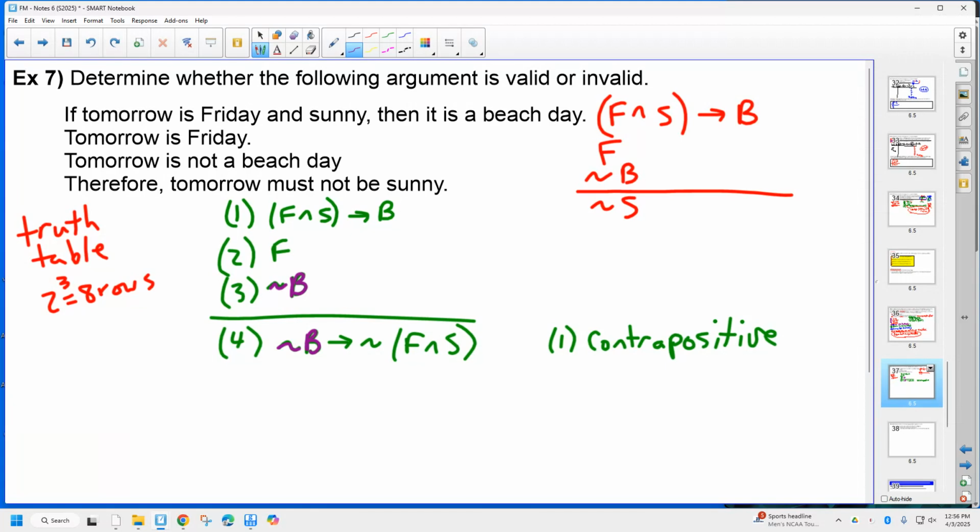That's Modus Ponens. That's Modus Ponens when you can just land on that spot. So statement 5, you take 3 and 4 together and you can conclude not F and S. That's statement 3 and 4. Modus Ponens.